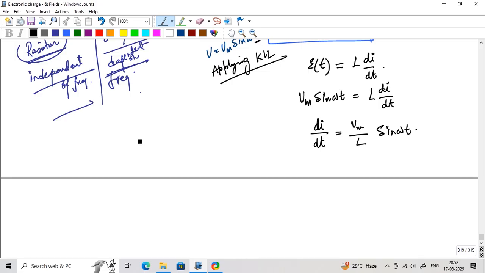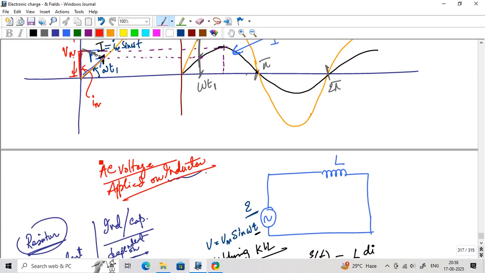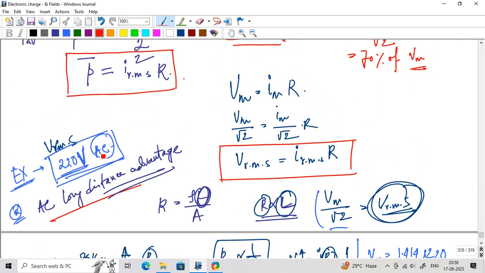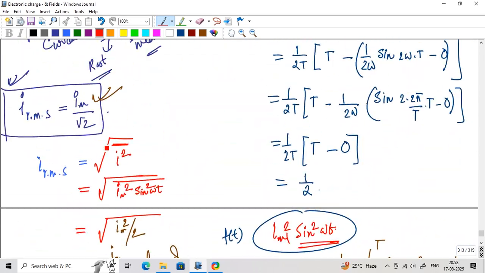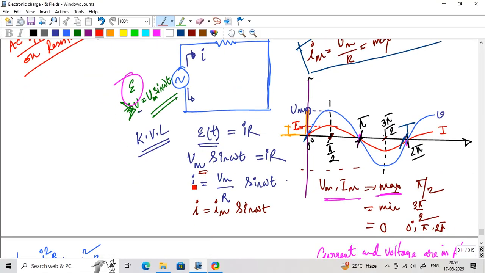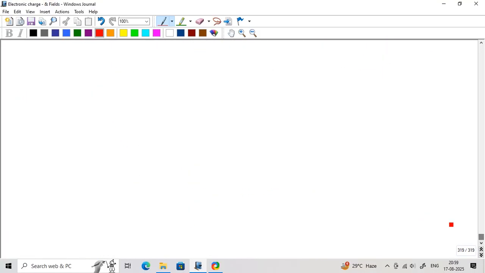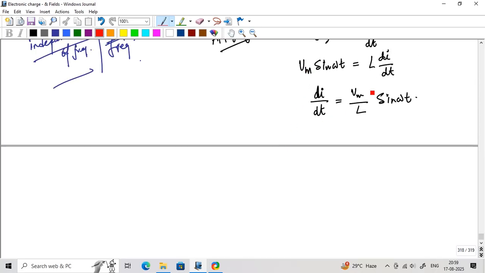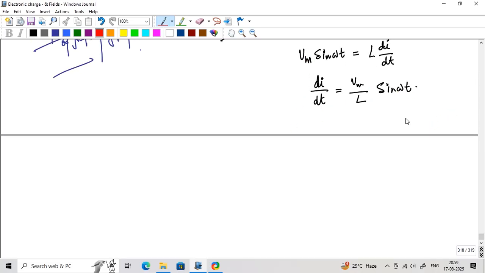In the previous class, if you remember, we got I equal to Vm by R sine omega t, and here we get di/dt equal to Vm by L sine omega t. Now integrate both sides.